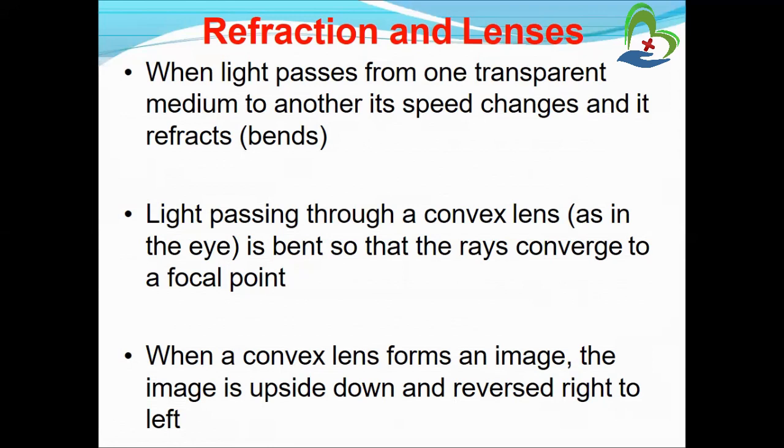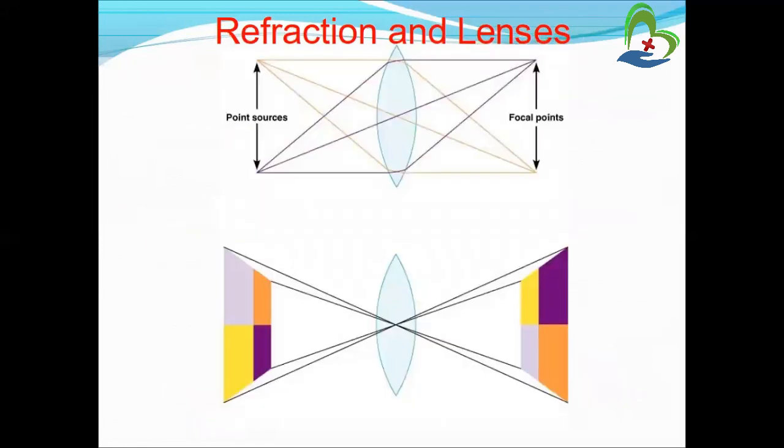When a convex lens forms an image, the image is upside down and reversed right to left. So due to this refraction, a convex lens forms an image that is upside down and reversed. See, by this image you can understand easily.